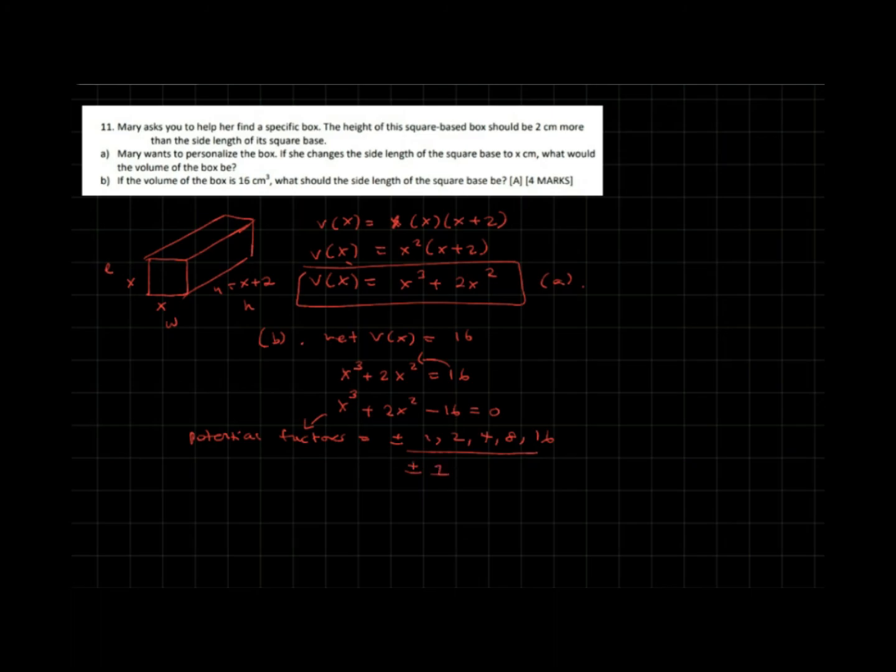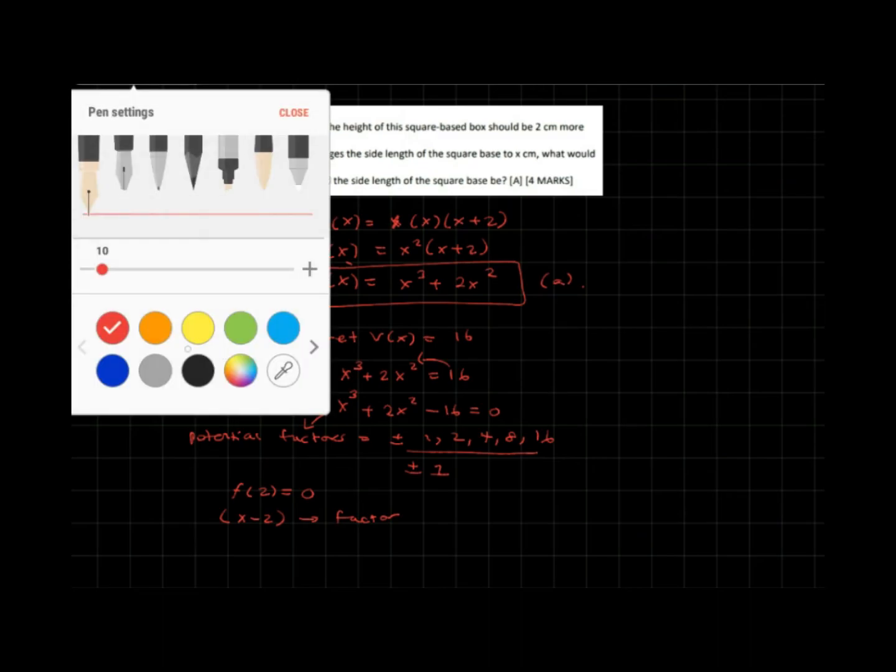If I test some of these values, you can find that f of 2 actually is equal to 0, right? So you can do this just by guessing and checking, right? So f of 2 is equal to 0. So in this case, x minus 2 is a factor. If x minus 2 is a factor, you can use synthetic division or long division to find the remaining factors.